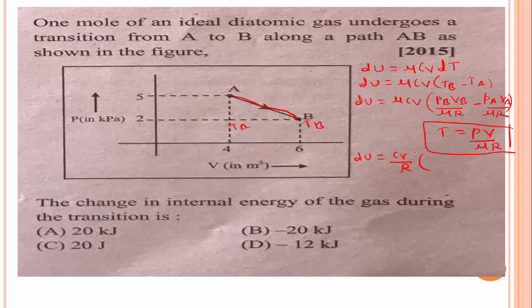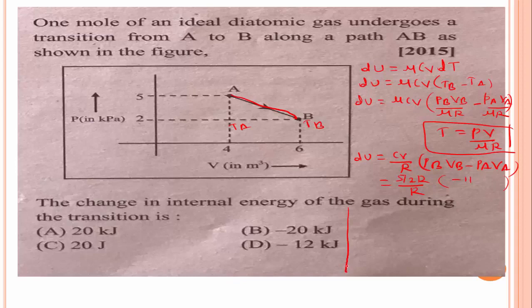Take this value outside, we get Cv divided by R into Pb into Vb minus Pa into Va. The specific heat capacity at constant volume for diatomic gas molecules is 5 by 2 R, whole divided by R.